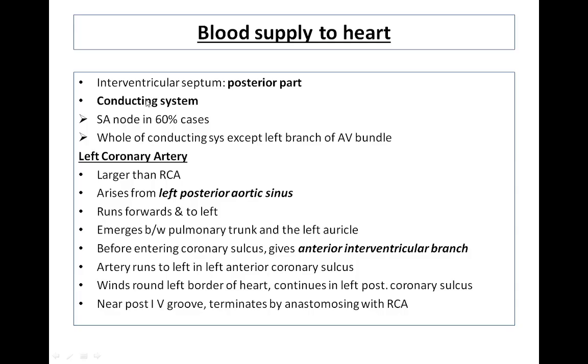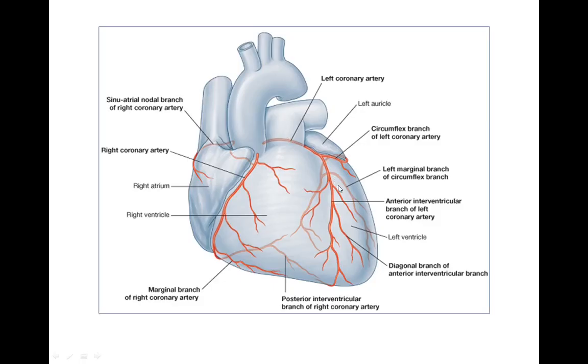That is why it is written that the posterior part is supplied by the right coronary artery, not the anterior part, because the anterior part is supplied by the anterior interventricular artery, which is a branch of the left coronary artery, LCA.